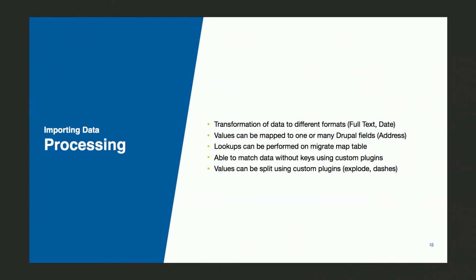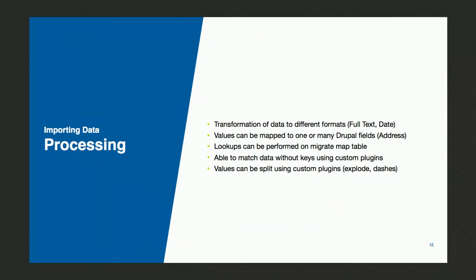Also with taxonomy terms, we had a lot of terms due to some disorganization in the previous system that had a hyphen in the middle. They had a kind of parent term before the dash, and then the actual term afterward. And we were able to split that up into actually using the first term before the dash to associate with the parent term, and then use the one after the dash as a child term.